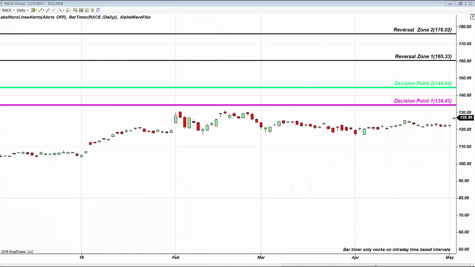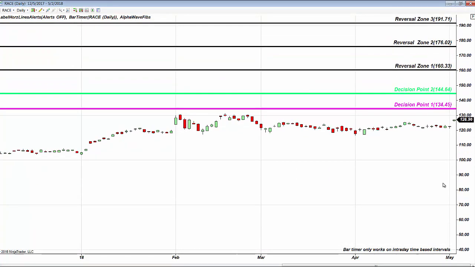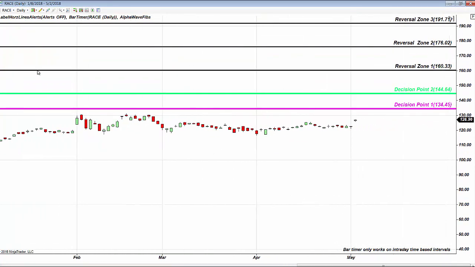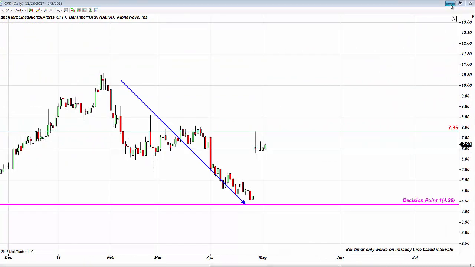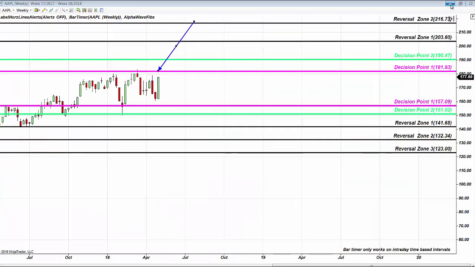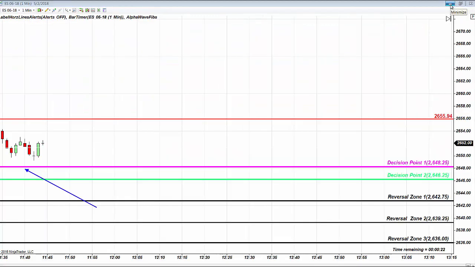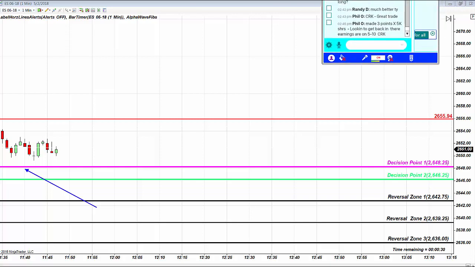Identical formula across the board on all these instruments. And that's S&P, ultimate support, ultimate resistance, just like on Apple yesterday morning, as expected. So the exact same support as you're witnessing on the S&P 1 minute chart is what Phil had done on CRK.